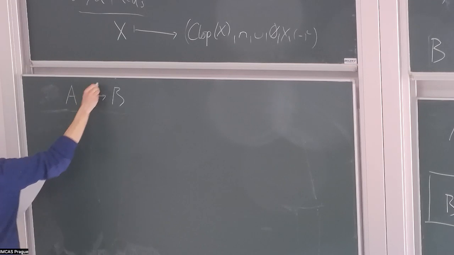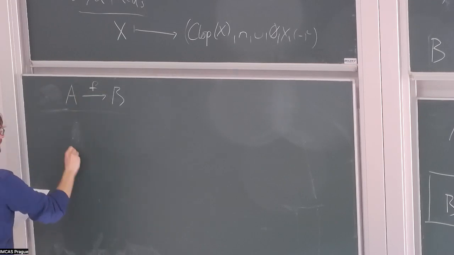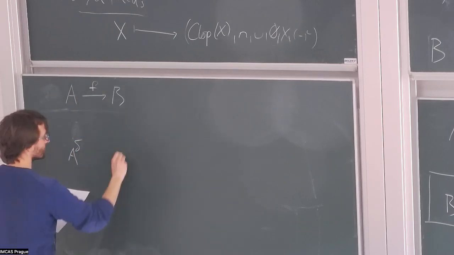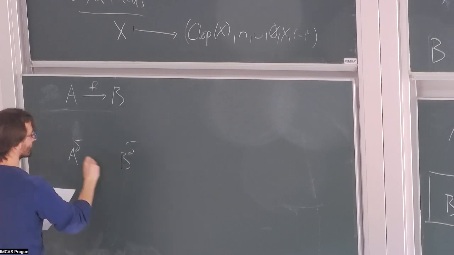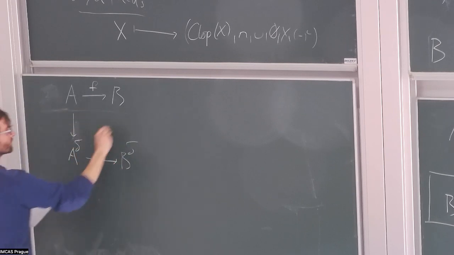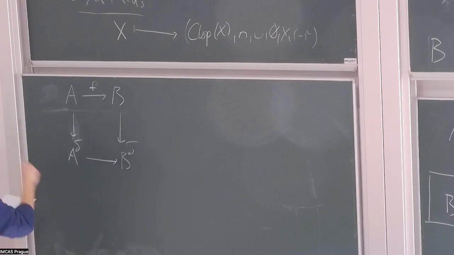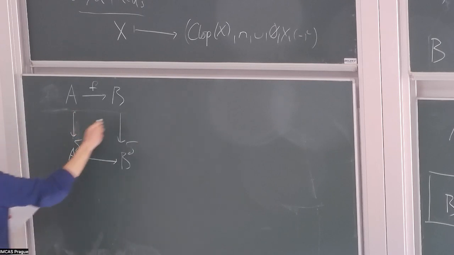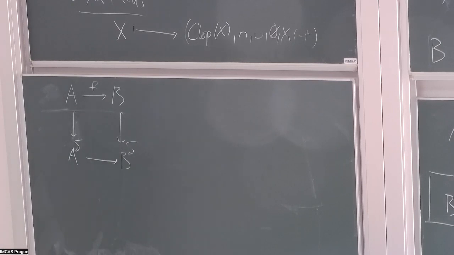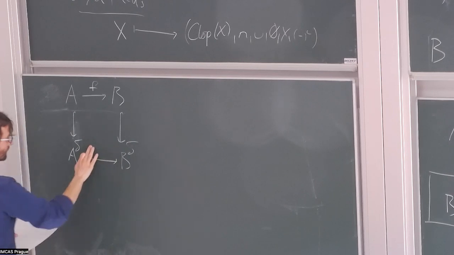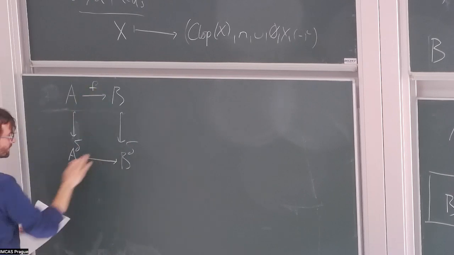So maybe write it like that already. We have these embeddings that exist into the canonical extensions. And now, can you think of extensions of F into this setting?